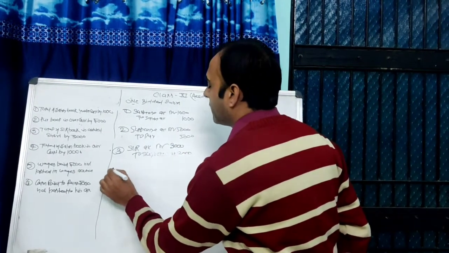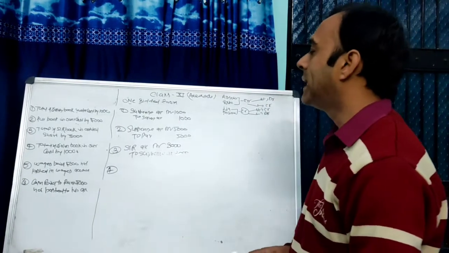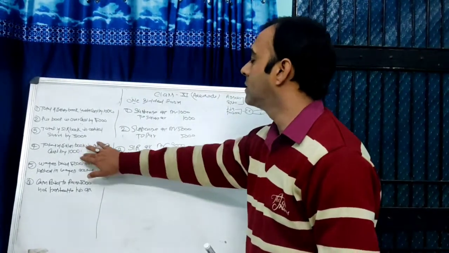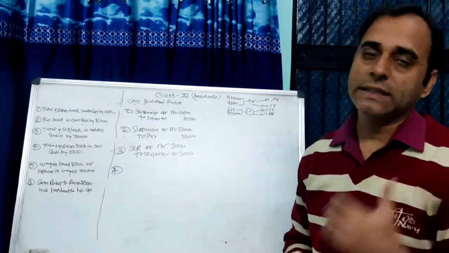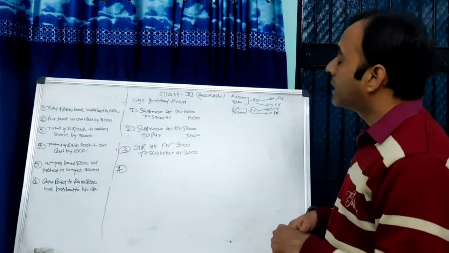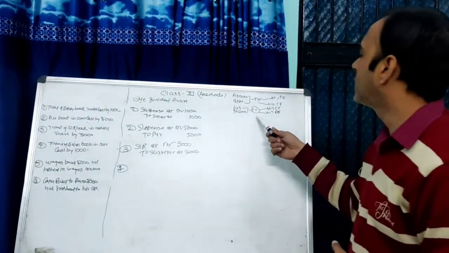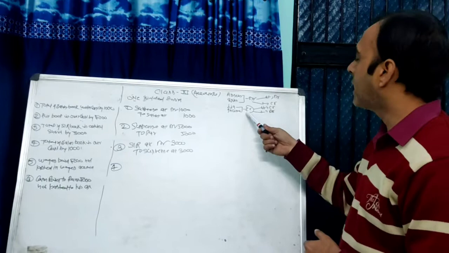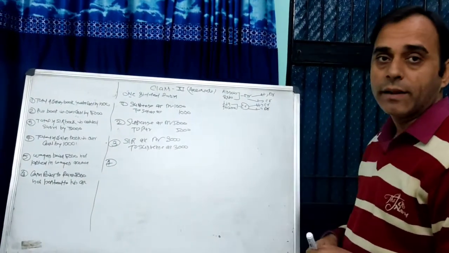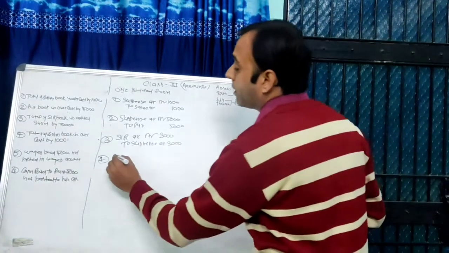Now we come to the next entry. Entry number 4. The total of the sales book is overcast by 1,000 rupees. It means the balance of the sales book is by default increased. You have to decrease the balance of sales to rectify the error. Sales has which kind of balance? Sales account always has a credit balance. For any account having a credit balance, if you want to decrease the balance of that account, it becomes debit. Here the sales account will be debit.